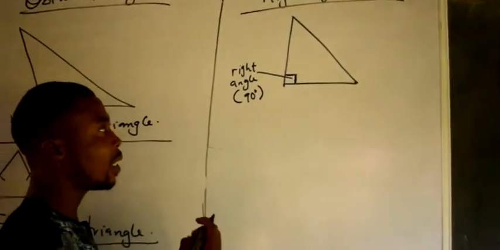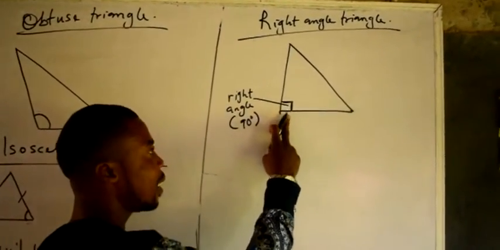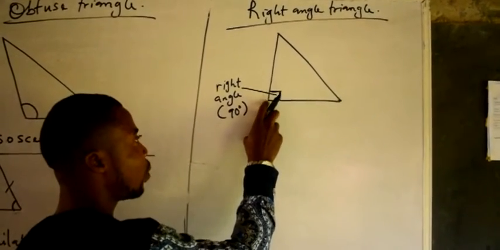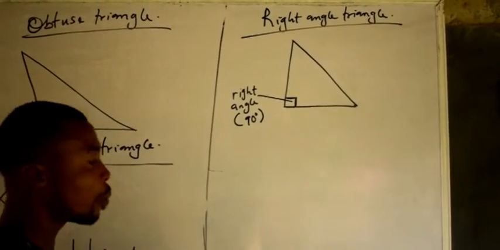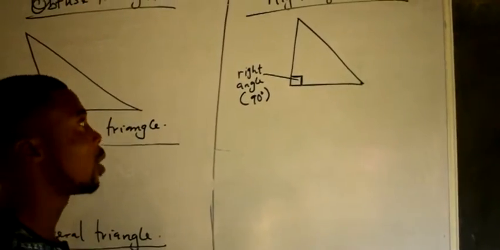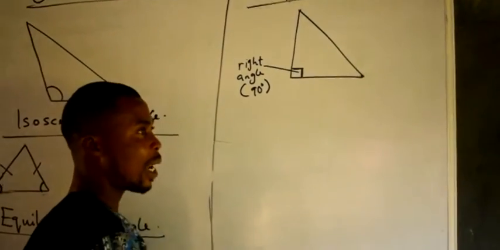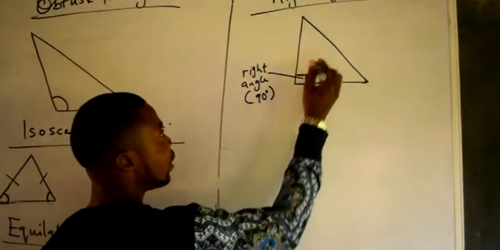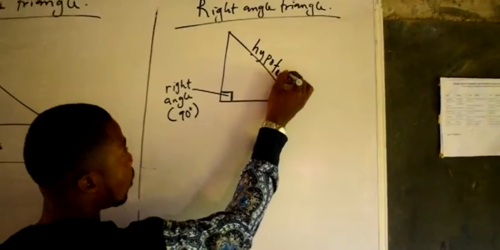So if you see any triangle with this sign, it is called a right angle triangle. And in a right angle triangle, there are some things you need to know. Here we usually have a longest side, and the longest side is called the hypotenuse.